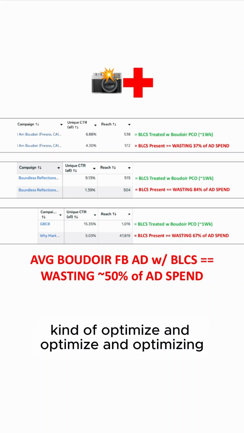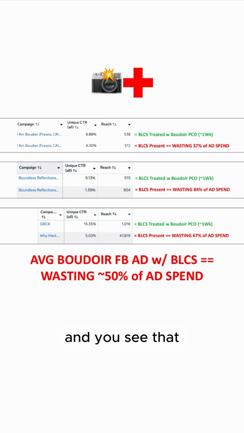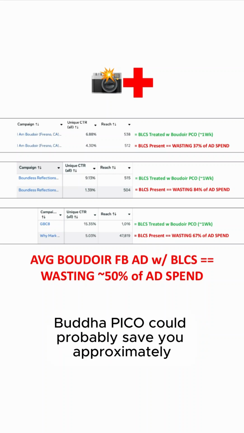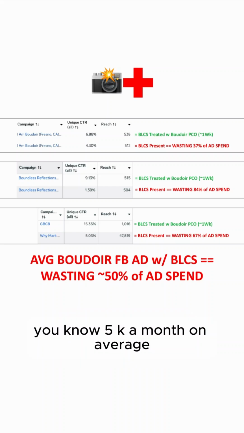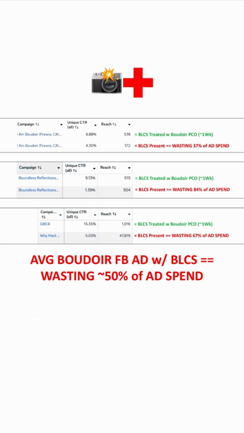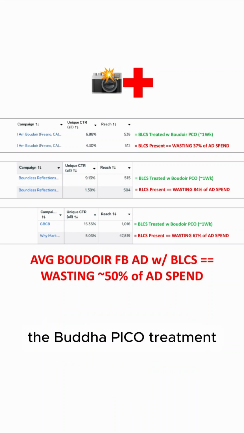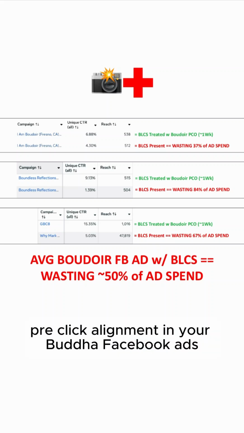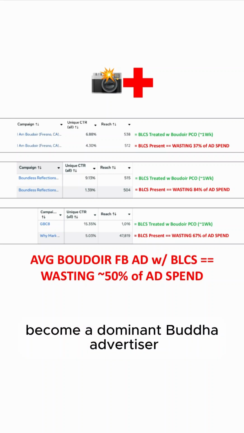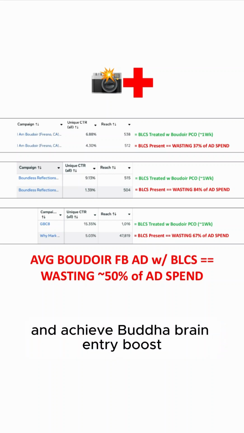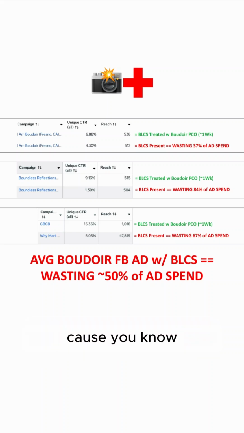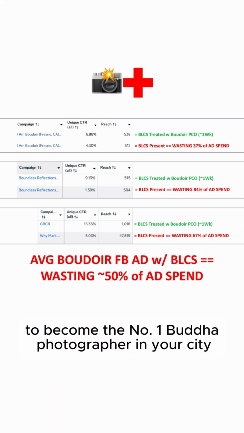Kind of optimizing, and you see that with Boudoir Pico could probably save you approximately 5K a month on average, 60K over the next 12 months with the Boudoir Pico treatment. And you want to achieve pre-click alignment in your Boudoir Facebook ads, become a dominant Boudoir advertiser, and achieve Boudoir brain entry boost, because you need that on your path to become the #1 boudoir photographer in your city.